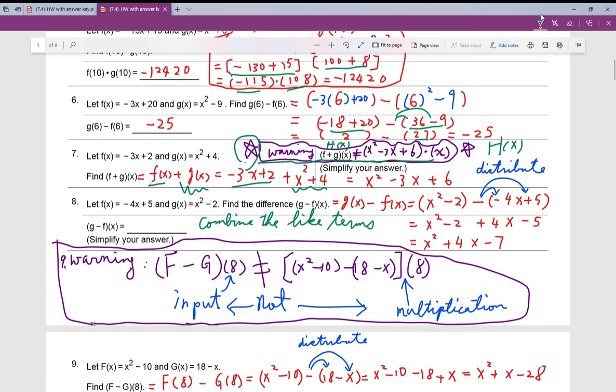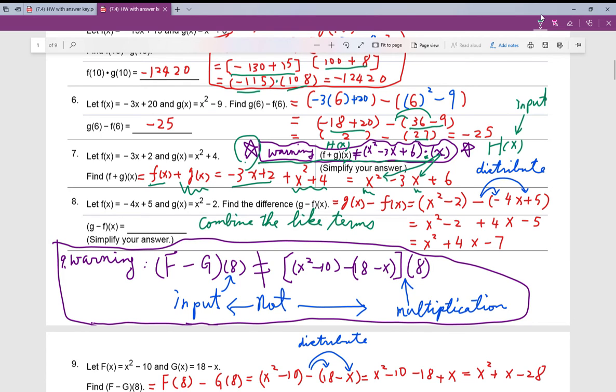It's not a multiplication, okay? This x is input, not a multiplication. Some students add f and g, and after that they try to multiply with x. That's wrong. Don't do that. Don't multiply with x. You already input x. It's input.